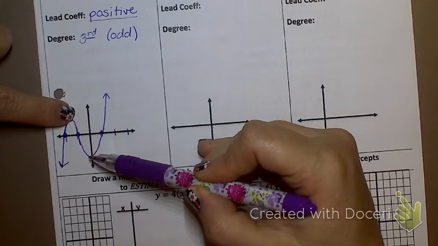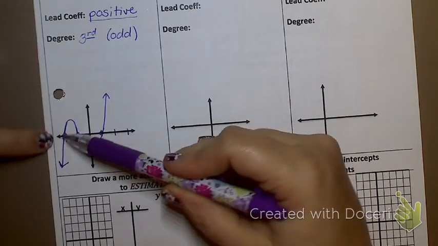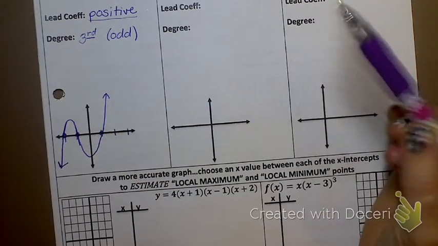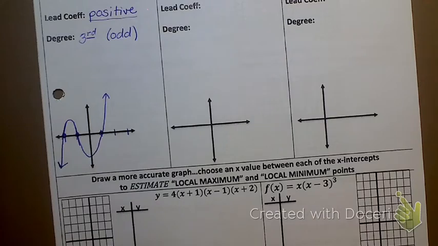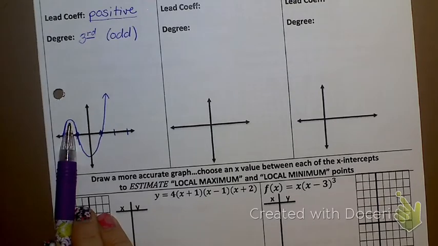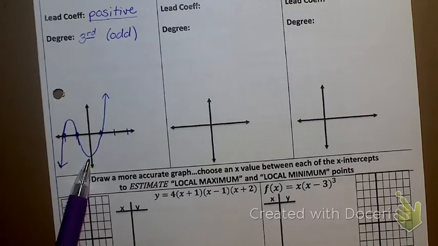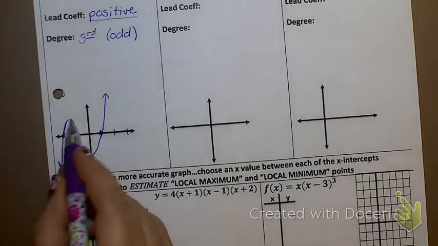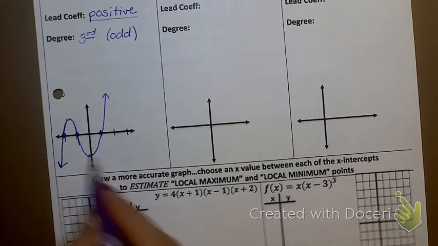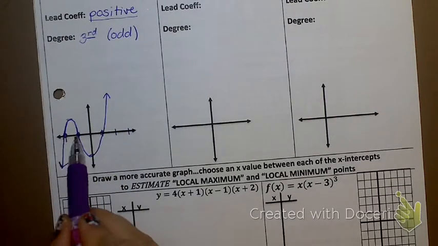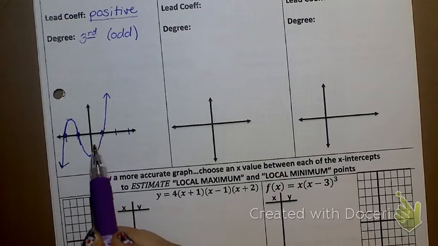I just gave a little bit more placement to those bends by incorporating those x-intercepts. Does that make sense? There's still a part that's not very accurate, though. I don't know how high this one goes or how low this goes. So that right there and this right there is still an estimate, but at least this part is more accurate than it was. Okay?